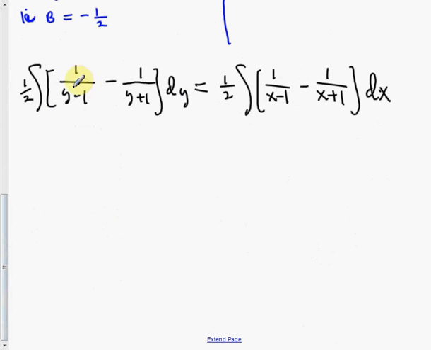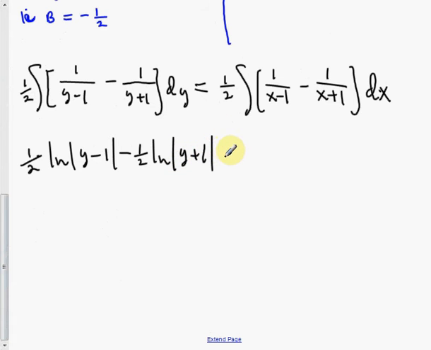So we integrate, well, these are natural logs. So this is 1/2 times the natural log of the absolute value of y minus 1 minus 1/2 times the natural log of y plus 1 is equal to 1/2 times the natural log of the absolute value of x minus 1 minus 1/2 times the natural log of x plus 1.